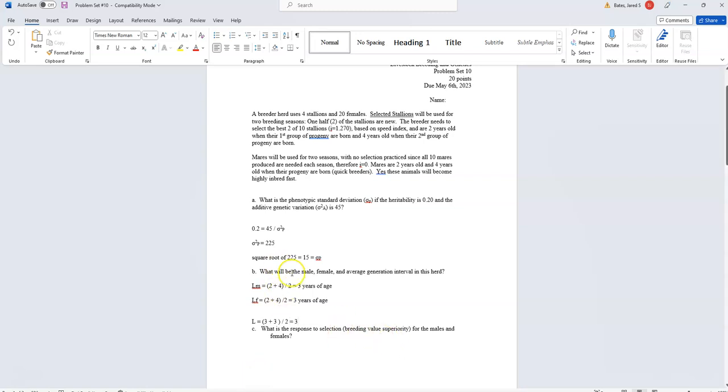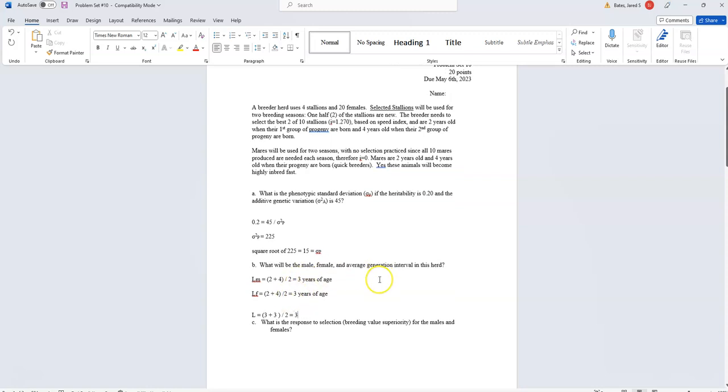But in other examples, this is not going to be 3 and 3. This might be a 2 and a 4, or a 1.5 and a 2.5, or something like that.